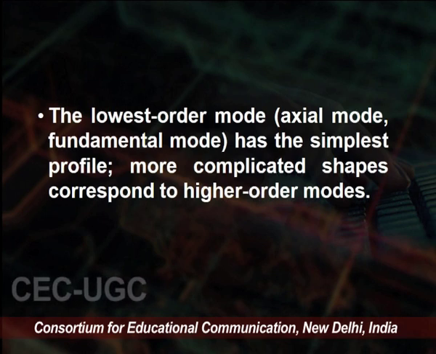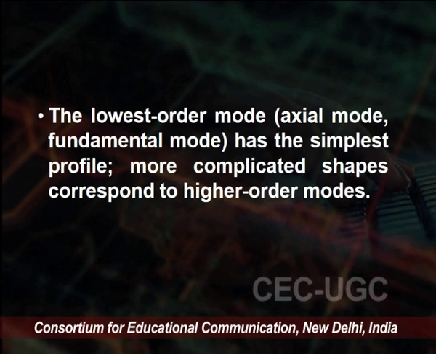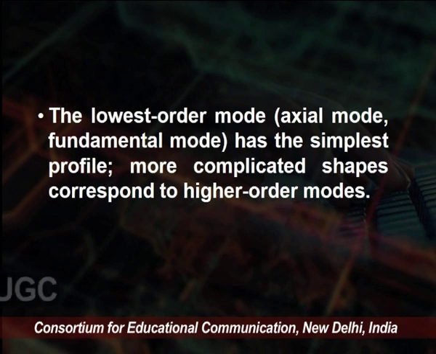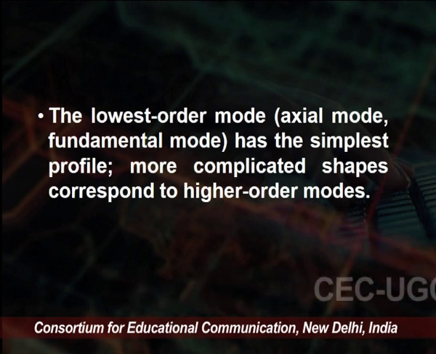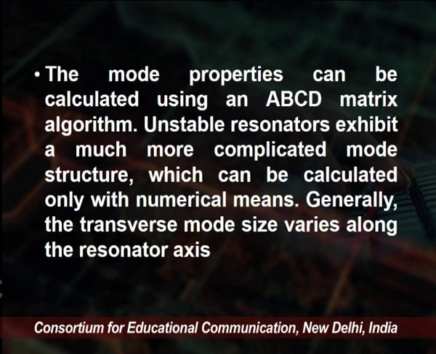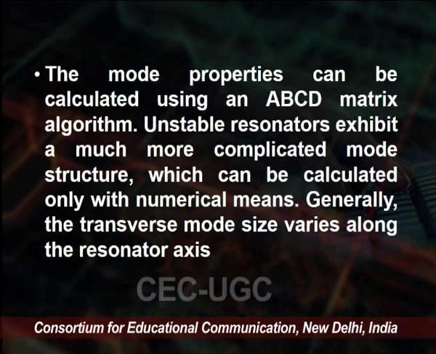The lowest order mode, that is the axial or fundamental mode, has the simplest profile, with more complicated shapes corresponding to the higher order modes. These mode properties can be calculated using an ABCD matrix algorithm.